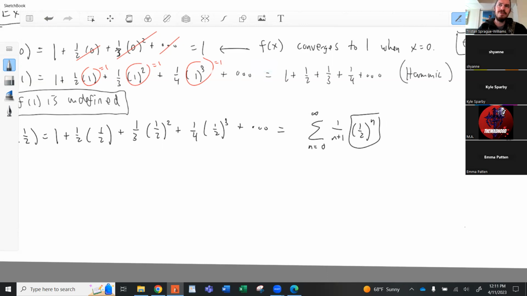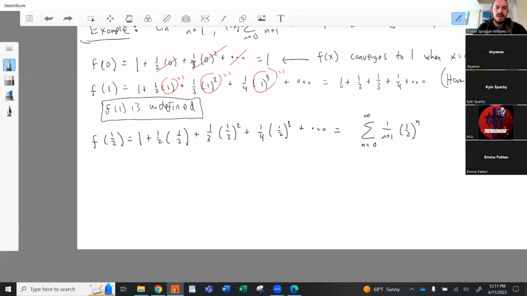The geometric series converges. What happens when you multiply them together? And it's not like multiplying the entire series together. It's just multiplying them term by term, right? Corresponding terms multiplied together. What happens?